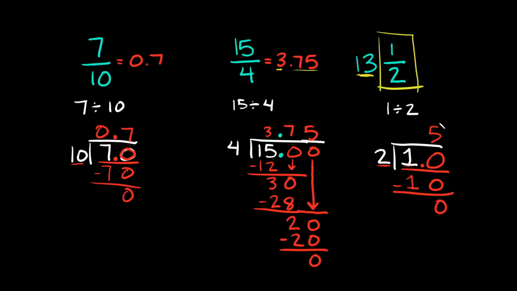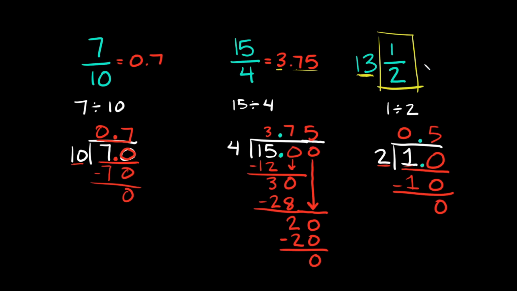Okay, and then remember, our answer up here isn't 5. We still have to bring up our decimal, right? So since it's right here, you just bring it straight up right there. So your answer right here is 0.5. But remember, the proper way of writing this type of decimal is 0.5. Okay, just like in the first example, we had 0.7. In this one, we have 0.5.